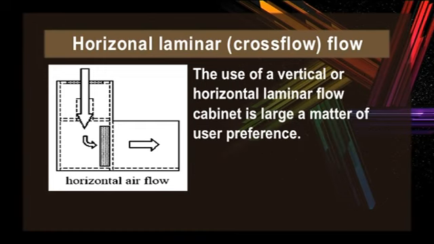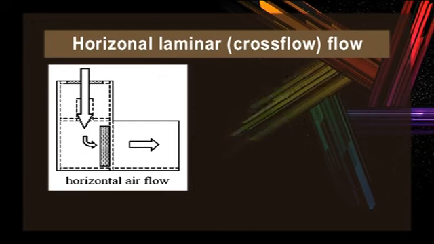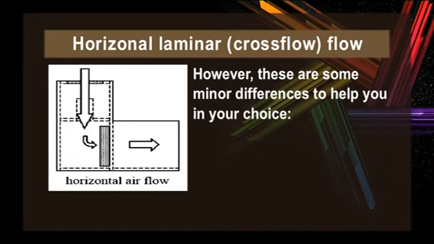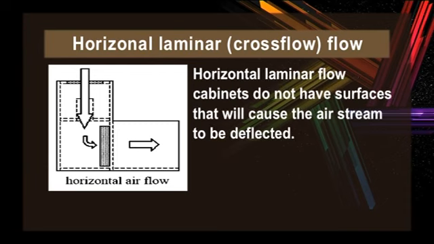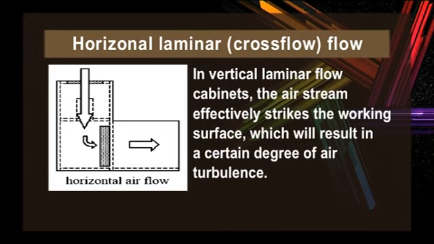The use of a vertical or horizontal laminar airflow cabinet is largely a matter of user preference. However, there are some minor differences to help you in your choice. Horizontal laminar flow cabinets do not have surfaces that will cause the air stream to be deflected. In vertical laminar airflow cabinets, the air stream strikes the working surface, which will result in a certain degree of air turbulence.